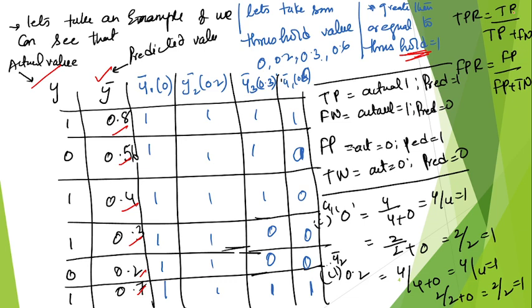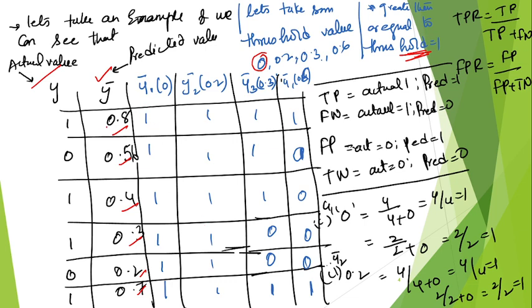What is TPR? True positive over true positive plus false negative. FPR is false positive over false positive plus true negative. So what is true positive? Actual one, predicted one. Now let's take an example. I have taken my threshold value 0.